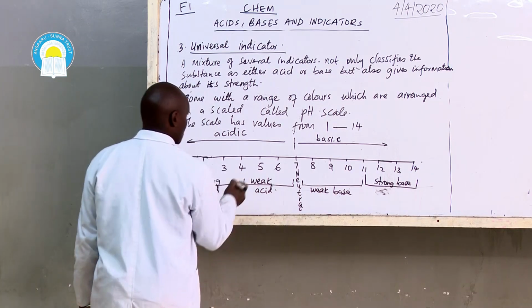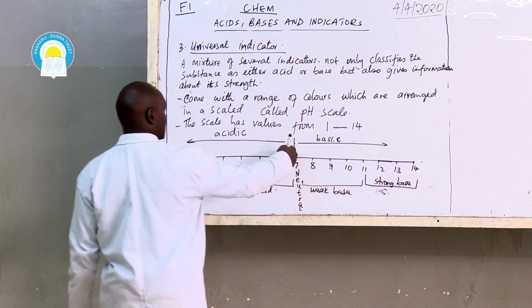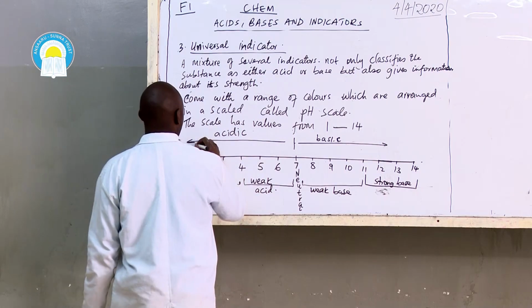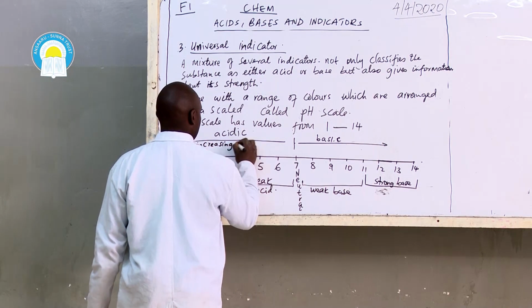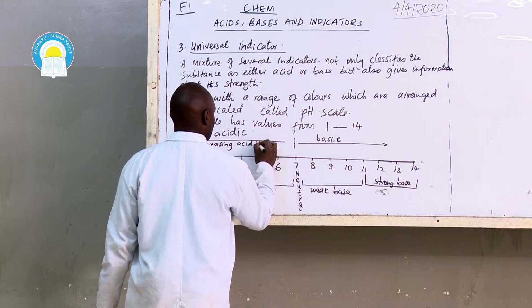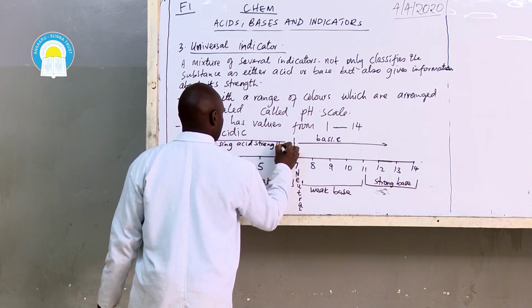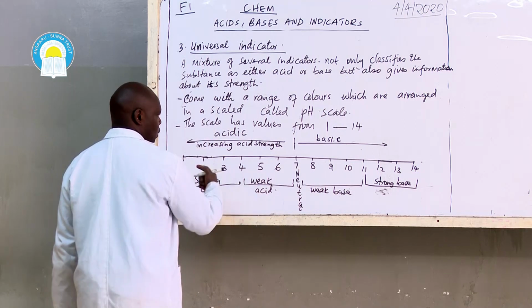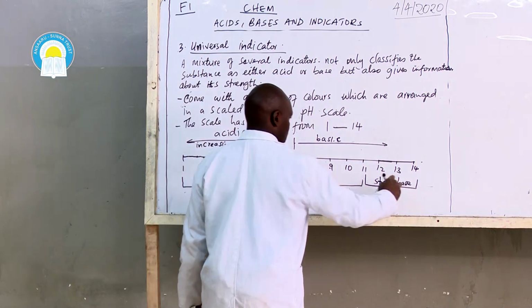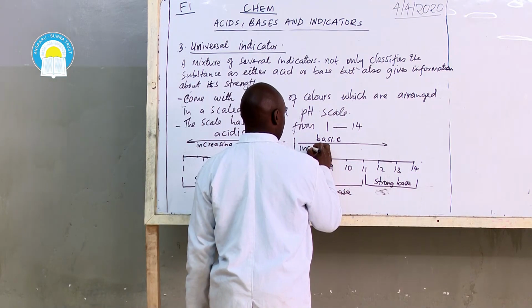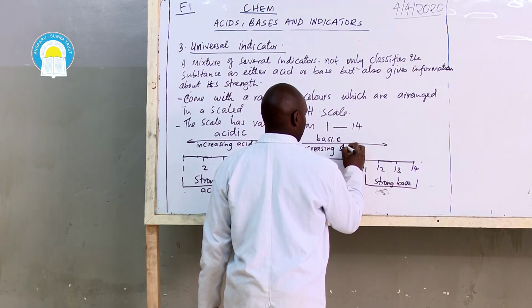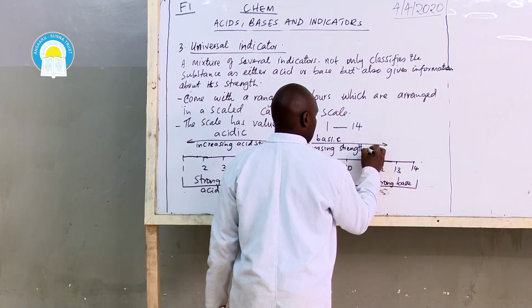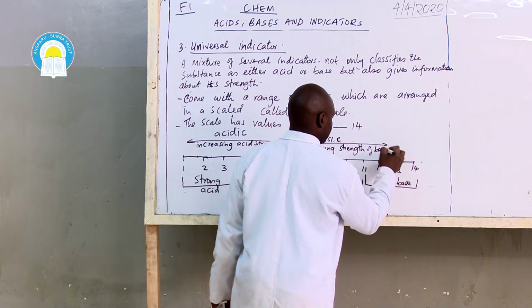So when I move from pH 7 towards 1, I am increasing acid strength, because this is weak and this is strong. Likewise for bases, weak to strong, we are increasing the strength of the base.